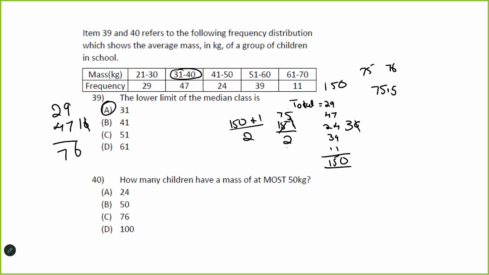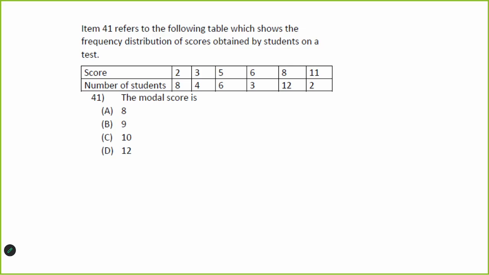How many children have a mass of at most 50? The most they could be is 50. So that is 76, and then you add that 24 and so on. That's 100. So 100 of them have a mass of at most 50 kilograms. So it'll be this one, right?